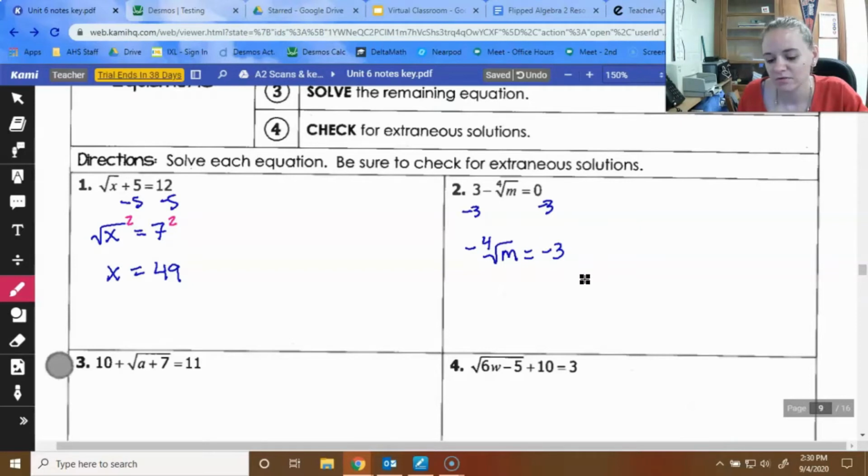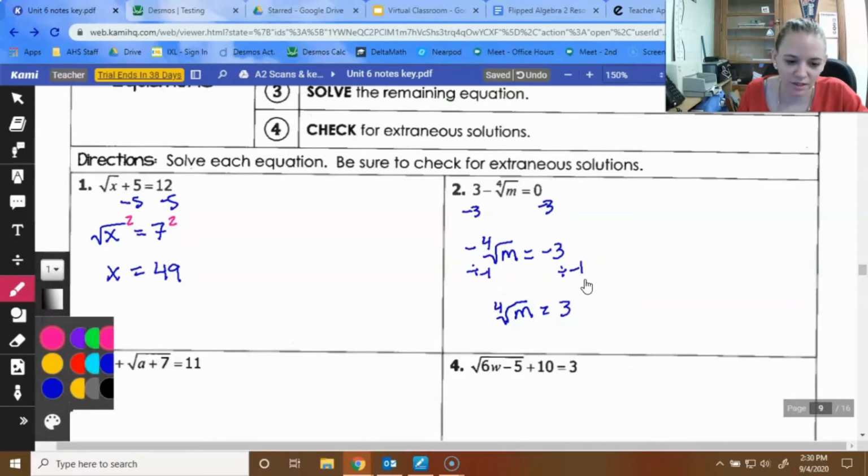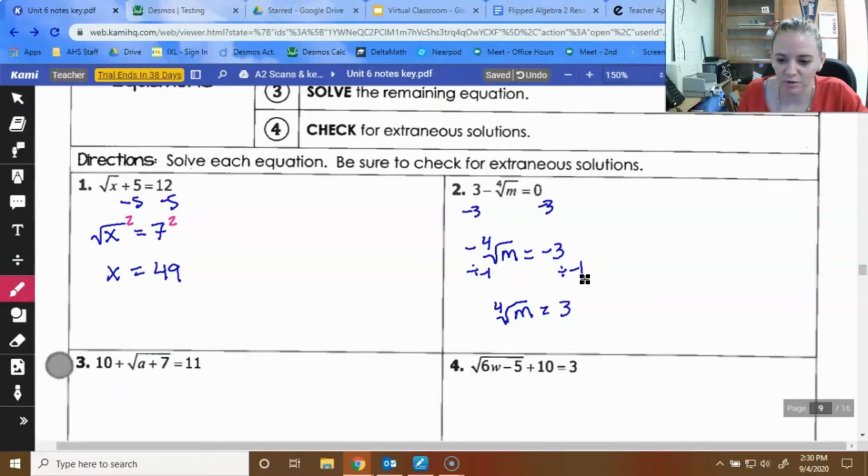And if this is a negative and this is a negative, I know I can divide by negative 1, and divide this side by negative 1, and the negative 1 goes away, so I'm left with fourth root of m equals 3. Then I raise this to the power that is the index, which in this case is 4, so I raise both sides to the fourth power.